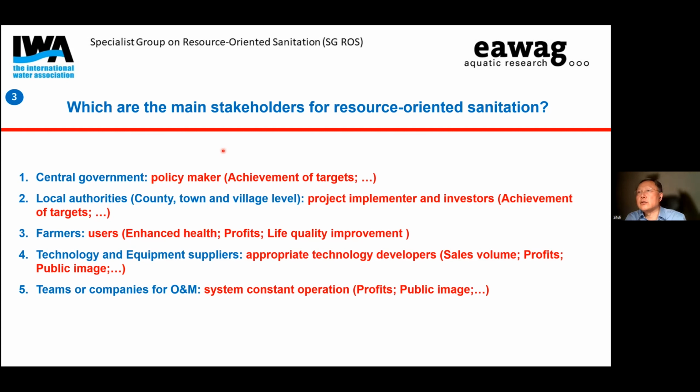And also the technology and equipment suppliers. So appropriate technology developers are very important for the company or the suppliers. They can get more sales volume, profits, and public image. The operation and maintenance team can keep the system operating constantly, and they get profit based on this operation.